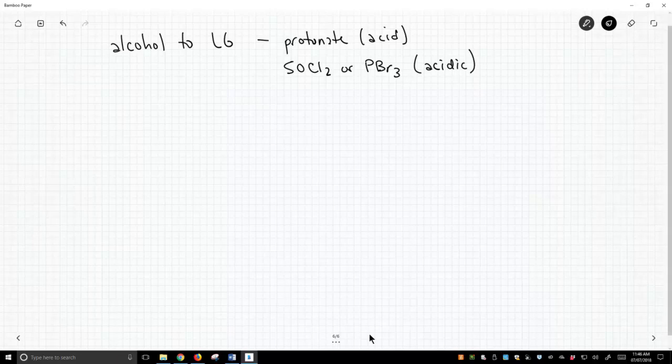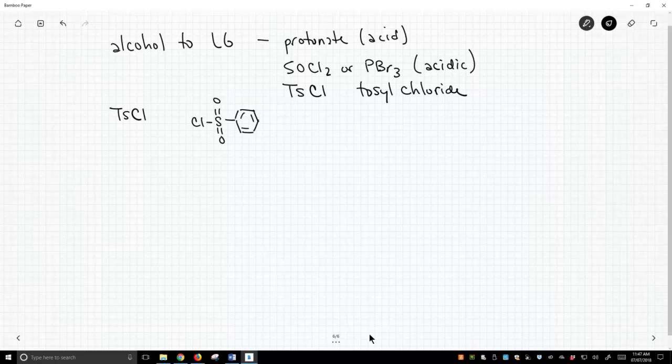And then there's another. There's something called tosyl chloride, which everybody writes as TsCl. So what is tosyl chloride? Tosyl chloride looks like this.